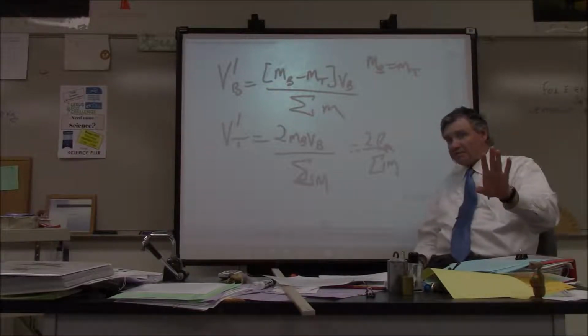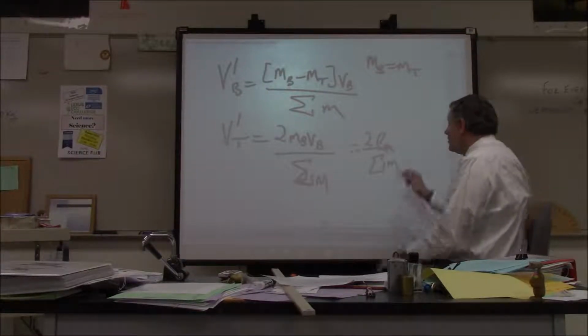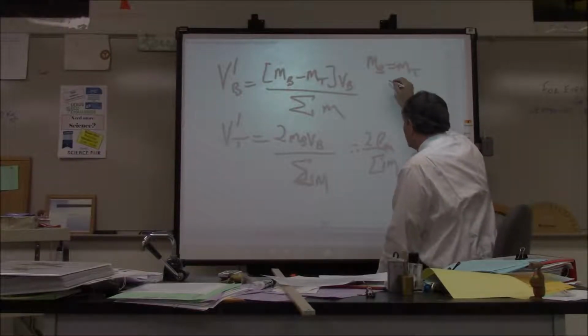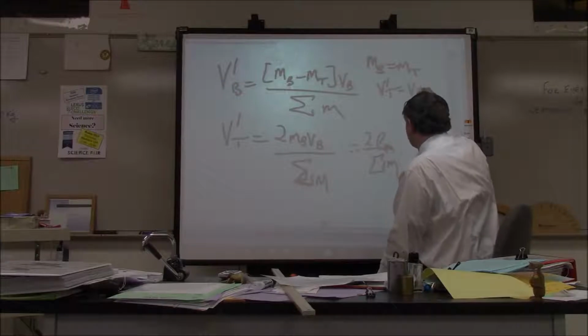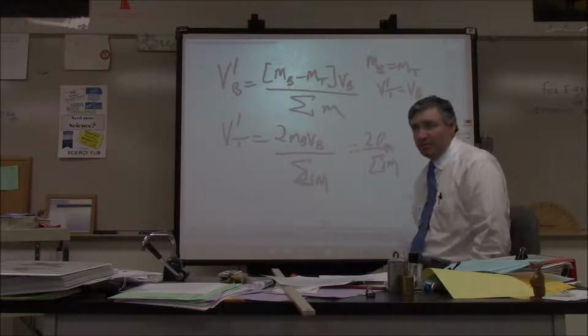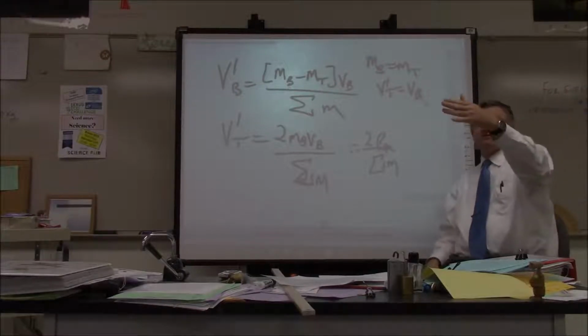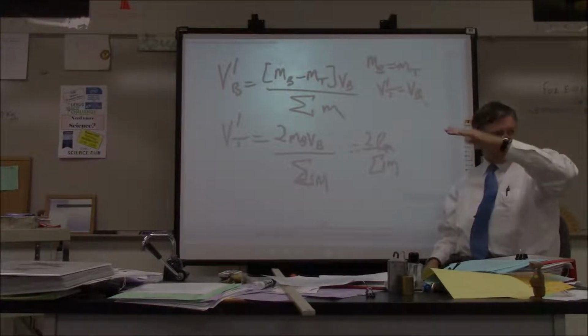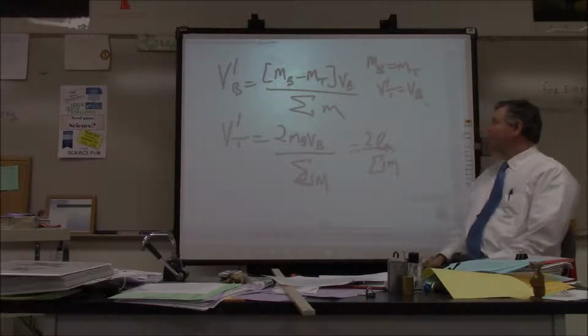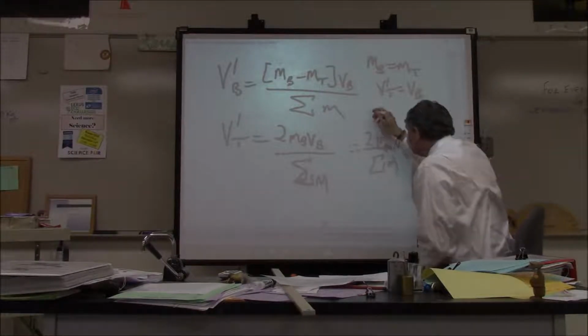Absolute best case scenario. So the new velocity of the target is going to equal the original velocity of the bullet. If the bullet was coming in at 5 meters per second, the target's going to leave at 5 meters per second. Off to the races. So that's option number 1.